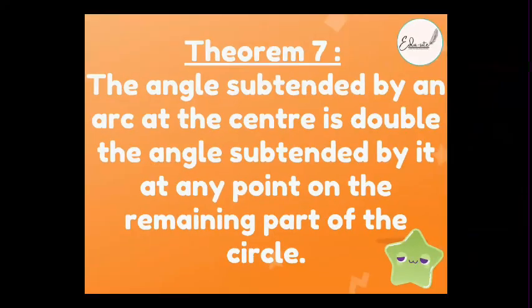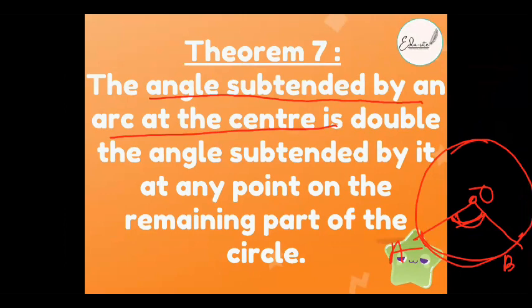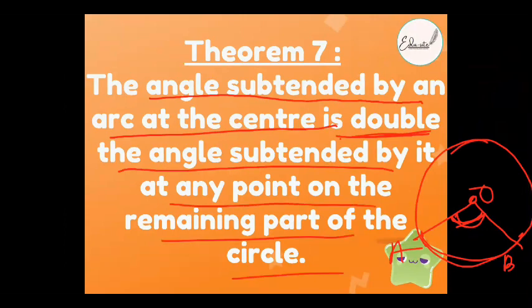Yes, theorem number 7. So the angle subtended by an arc at the center, just now what I have told you. Okay, the angle subtended by this arc AB at the center of the circle. Is it not AOB? Yes, the angle is AOB, correct? Fine, beta. This is double of the angle subtended by it at any point on the remaining part of the circle. Fine.